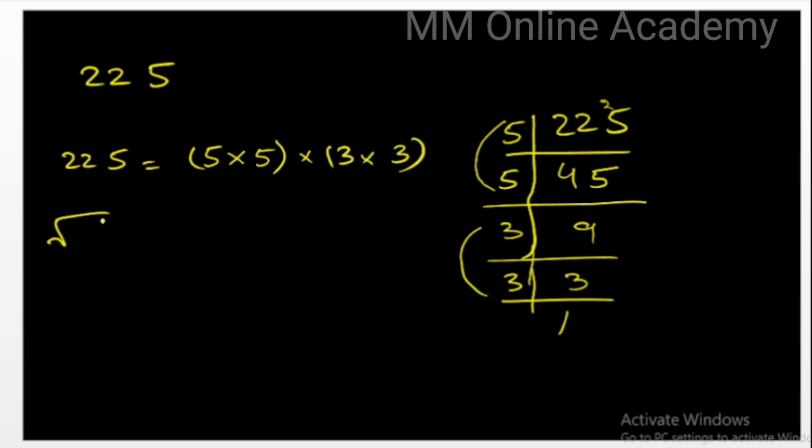Now we want to find the square root of 225 and we will choose one number from each pair. For example, in this pair we will choose 5, multiplied by 3 from this pair, and square root 225 will be equal to 5 threes are 15.